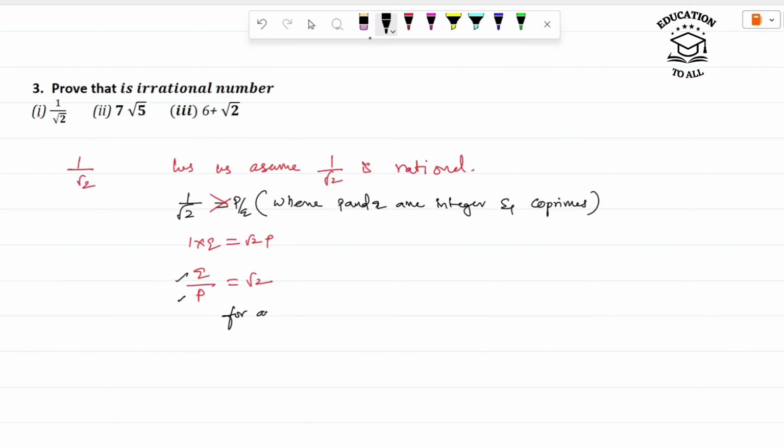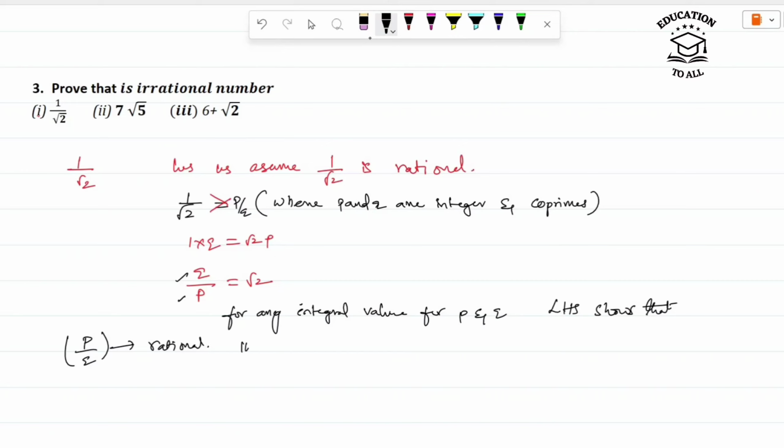So for any integral values for p and q, LHS shows that p by q is rational, then root 2 is also rational.